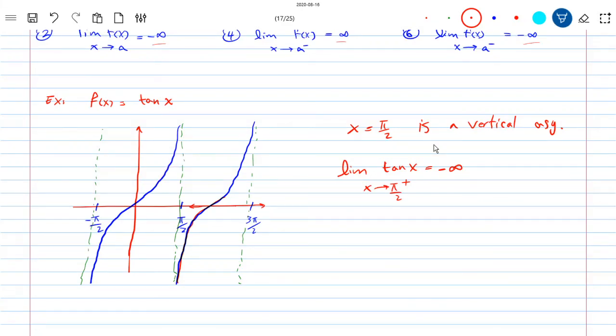That doesn't affect the fact that x equal to pi half is a vertical asymptote. The same, negative pi half would be a vertical asymptote, 3 pi half would be a vertical asymptote. If you continue to redraw this graph, because the tangent keeps repeating itself, you will get negative 3 pi half, negative 5 pi half, and so on. All those would be vertical asymptotes.